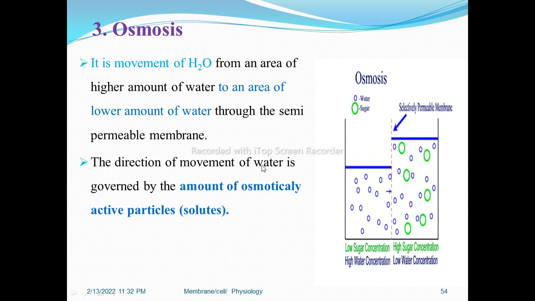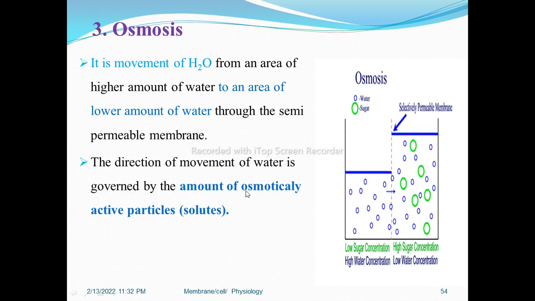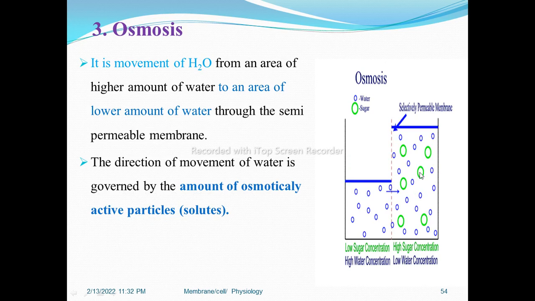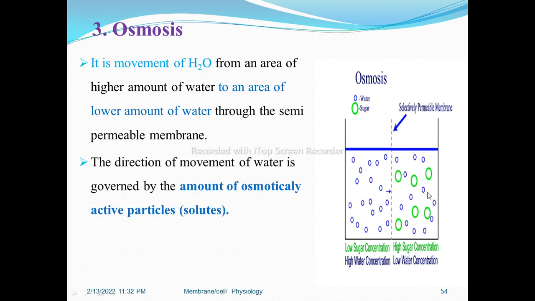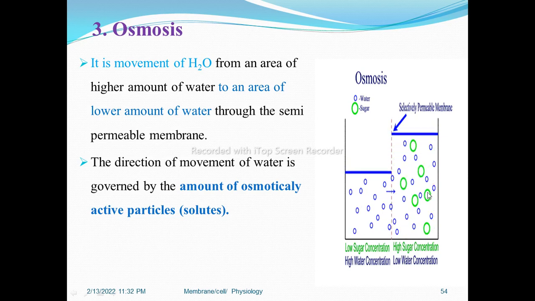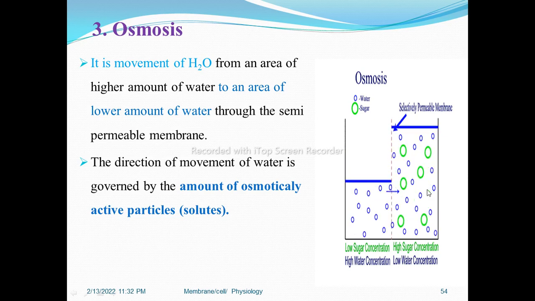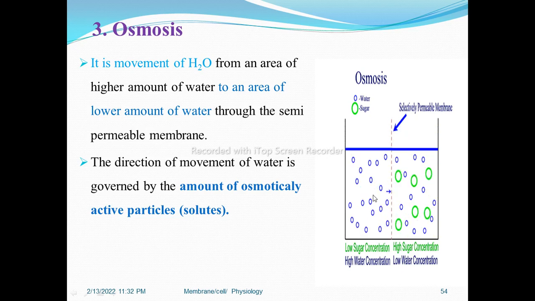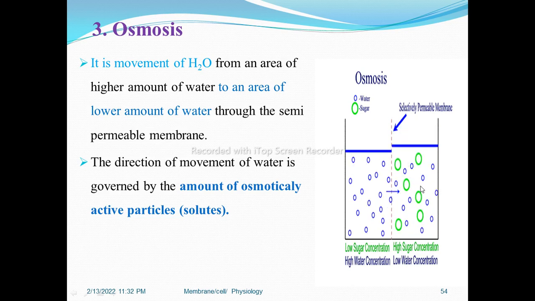The direction of movement of water is governed by the amount of osmotically active particles or solutes. For instance, this green one is sugars, so this is solutes. The amount of osmotically active particles means the amount of these solutes. There is no solute here, there is no solute here, there is solute here.